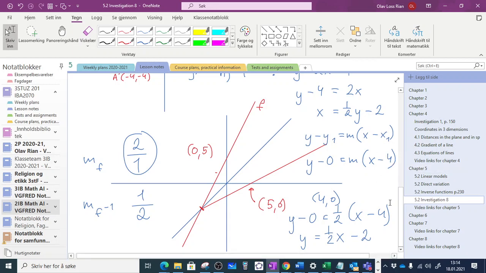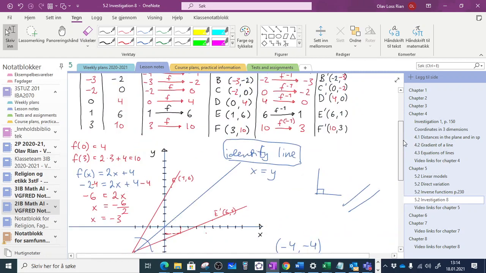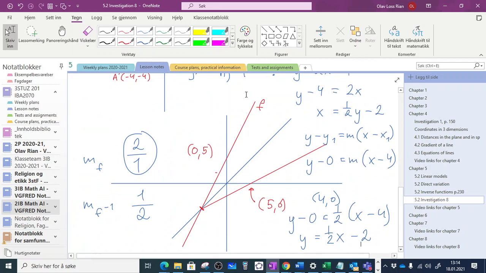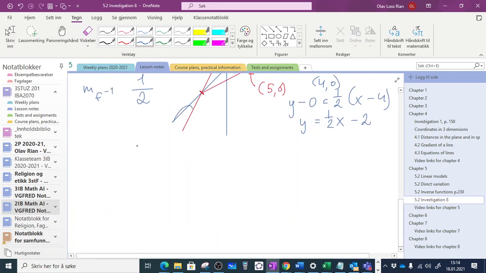A third option would be to consider the point, well, okay, we know that the point 0, -2 also lies on the graph of the inverse function. So 0, -2, this is a point on the inverse.